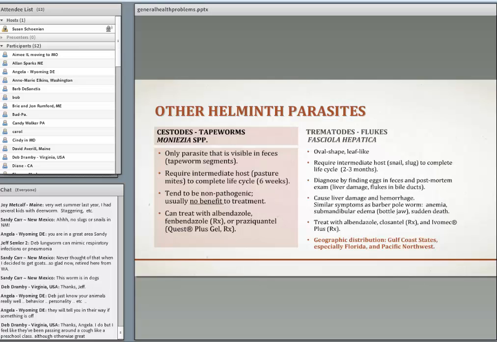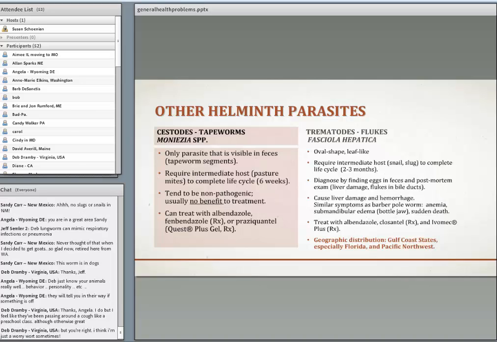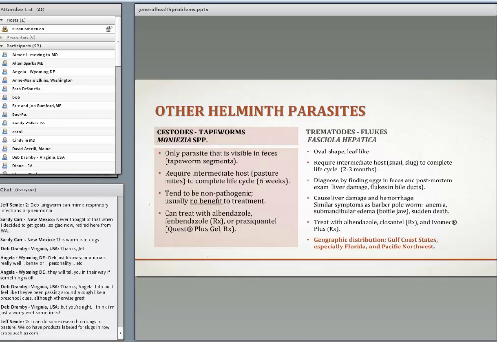More likely than not, you would probably discover it in a necropsy. Obviously, liver flukes do extreme liver damage, and you will actually see the flukes in the bile ducts. So they cause liver damage and hemorrhaging, which means the symptoms are similar to the barber pole worm. They're anemic, pale, bottle jaw, sudden death.